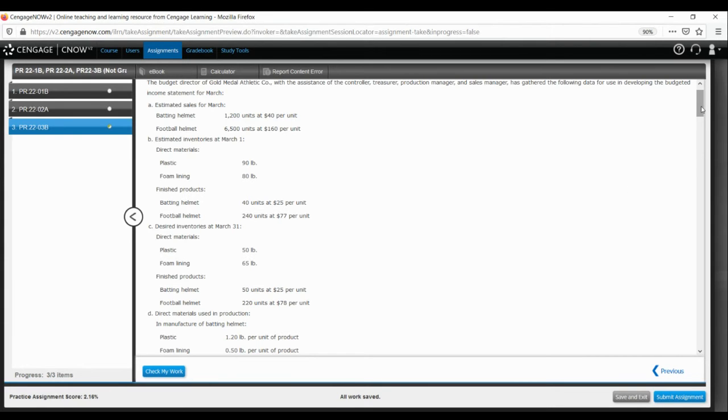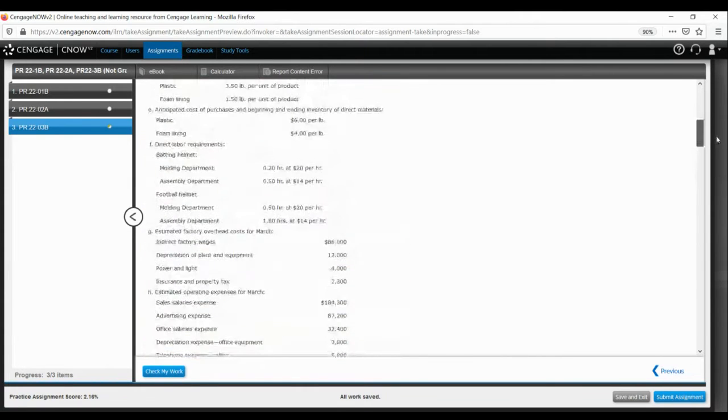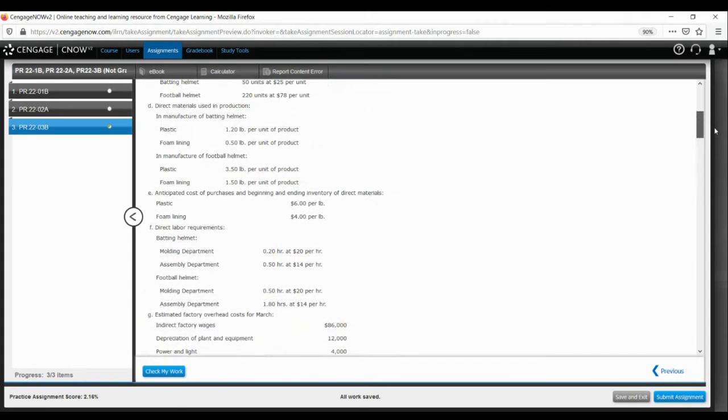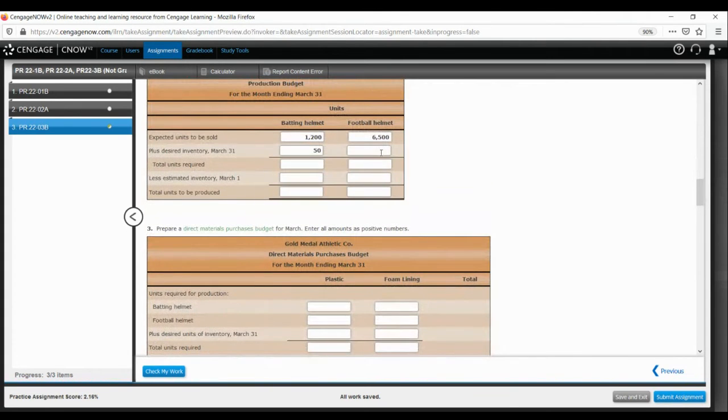So again, that information comes from Part C. The next step in the budget is to add the units to be sold plus the desired ending inventory.